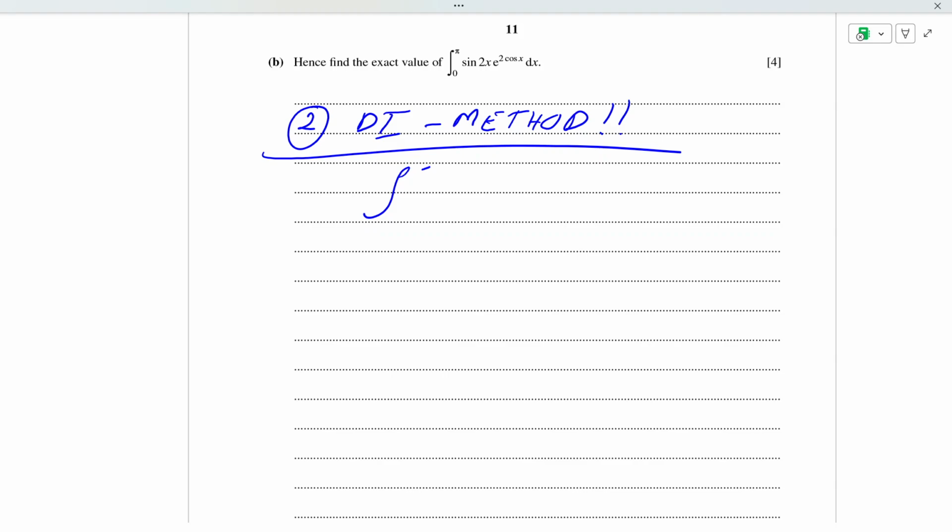All right, so take the integral from 1 to negative 1 of 2u e to the 2u du. It's a similar concept.